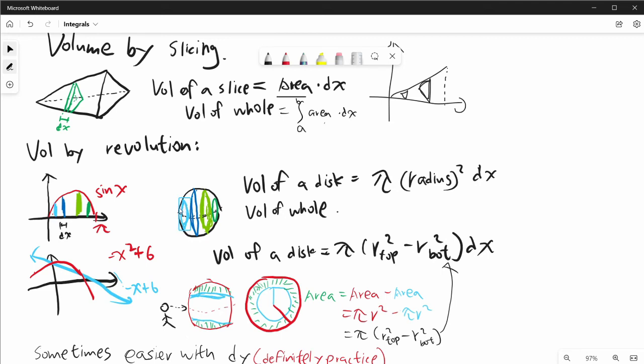You can imagine this light blue is like a line, and then you just revolve it around the x-axis, all the way around, 360 degrees, and you get a circle, a very thin disc. That's what is portrayed here.